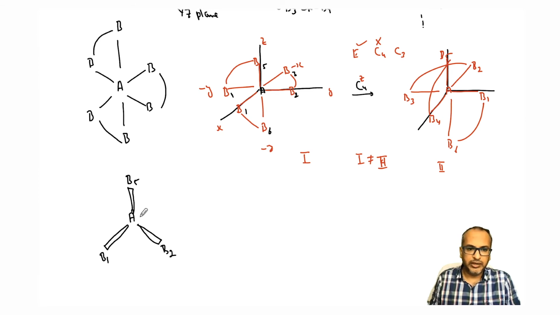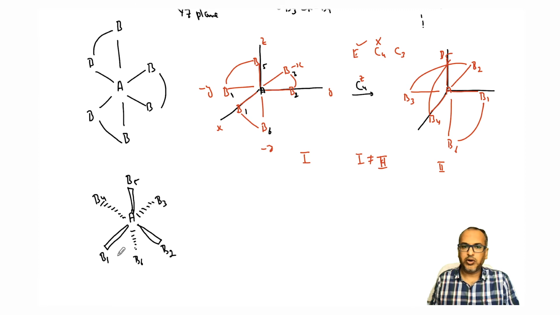And at the back I have B3, B4 and B6. And now what all are joined? B1 and B6 are joined, B4 and B5 are joined, B3 and B2 are joined.